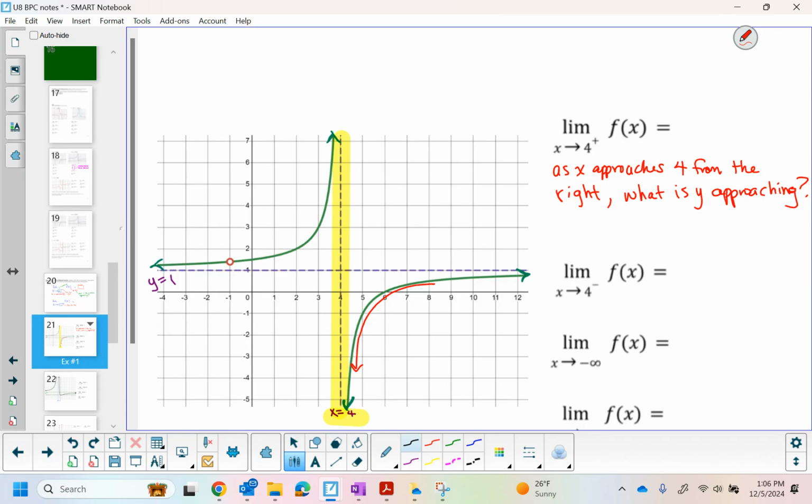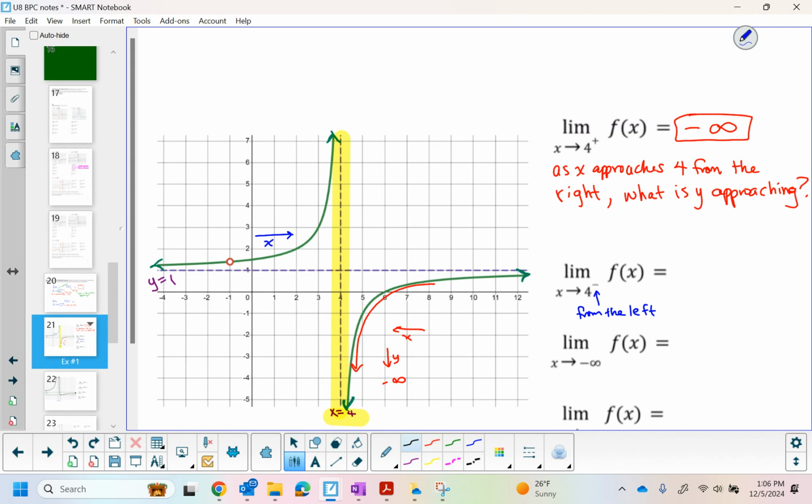Well, from the left, as x approaches going to the right, y is going up towards infinity. So this one is positive infinity. And so that's why rational functions are so interesting, because at a vertical asymptote, sometimes it can be going in different directions from either side of the spot where it's not defined.